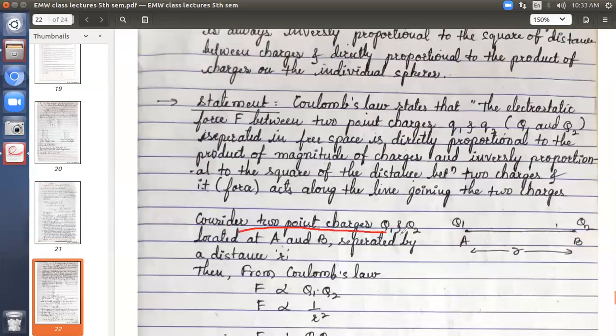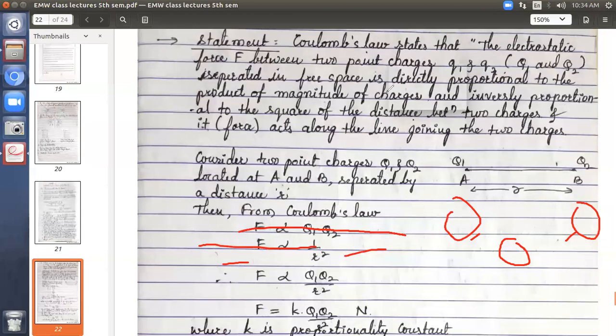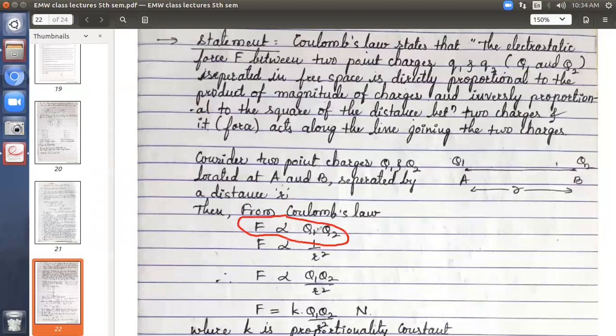Consider two point charges Q1 and Q2, located at points A and B, separated by a distance small r. I have taken it as r. From Coulomb's law, the very first thing is what? Force is directly proportional to the product of the magnitudes of the two charges. So the product is Q1 into Q2.